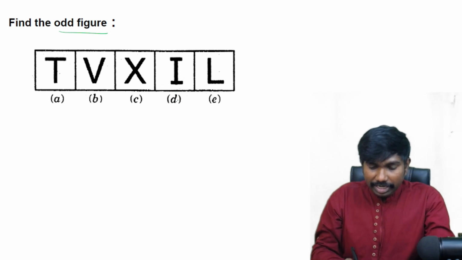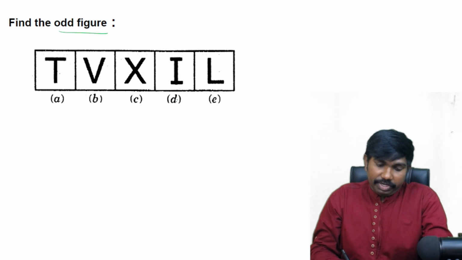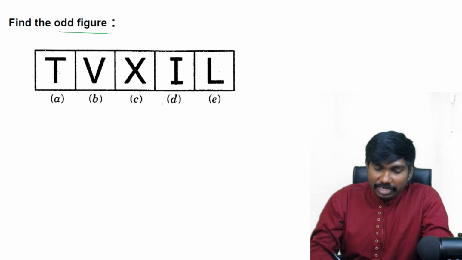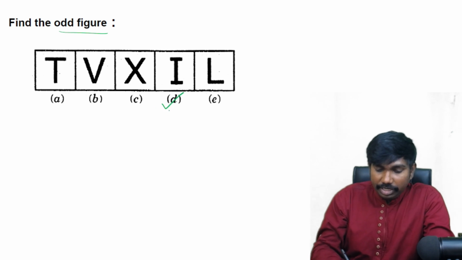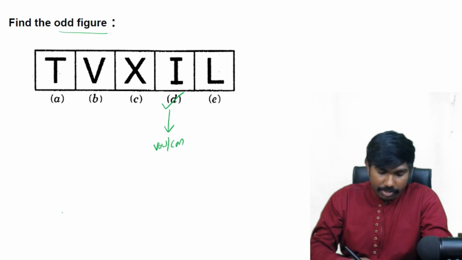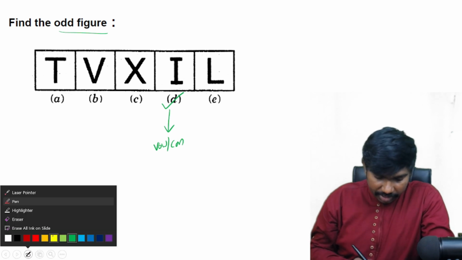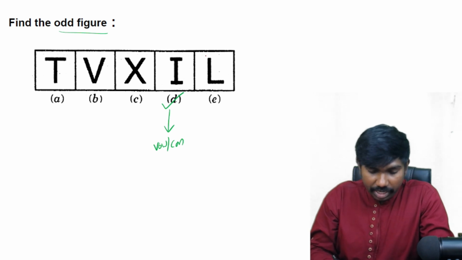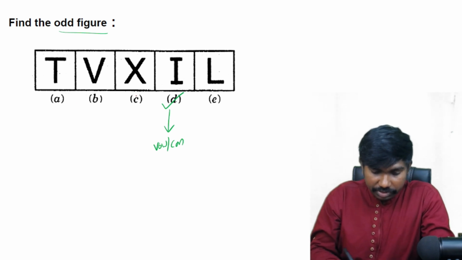Actually this is not letter classification, so we don't need to worry about vowels and consonants, but if you consider that logic, we'll get the answer as option D. But since it is figure based classification, we can also take different logics.